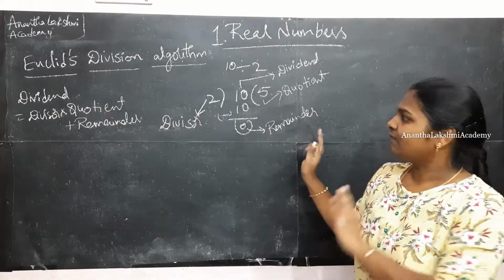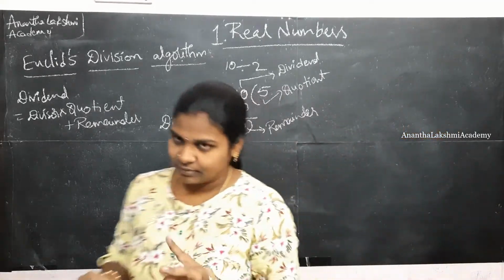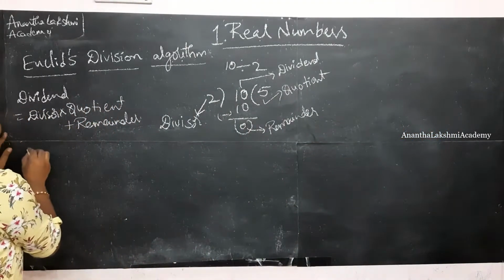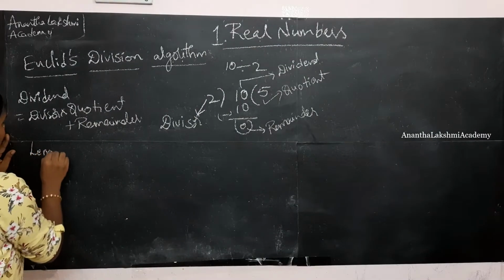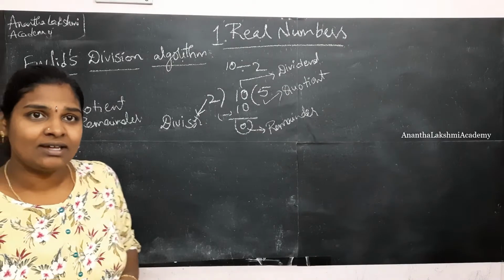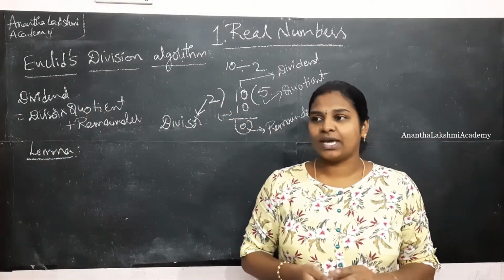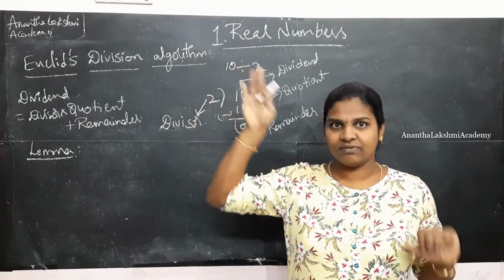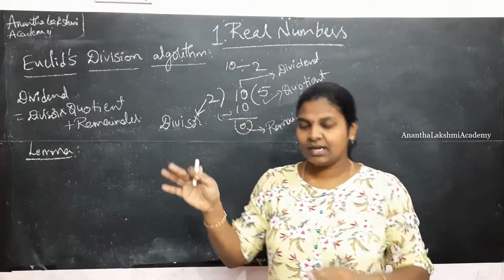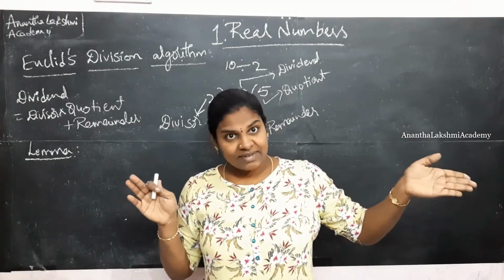Alright, then we have Euclid's division lemma. If you read the textbook, you will come across a word called lemma. What is a lemma? Lemma seems to be a new word, right? Okay, the sun rises in the east, which is an already proved fact. Depending upon that, can I say the sun sets in the west?